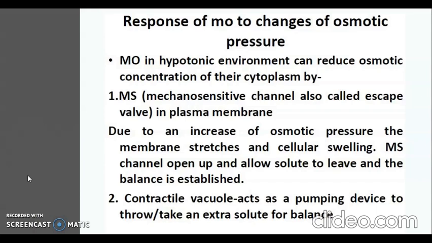This stretching opens the mechanosensitive channel and allows the solute to leave the cell, thus reducing the osmotic concentration within the cell and protecting the cell from bursting. And the second method is by the use of a contractile vacuole, which acts as a pumping device to take out extra solute for balancing the osmotic pressure.